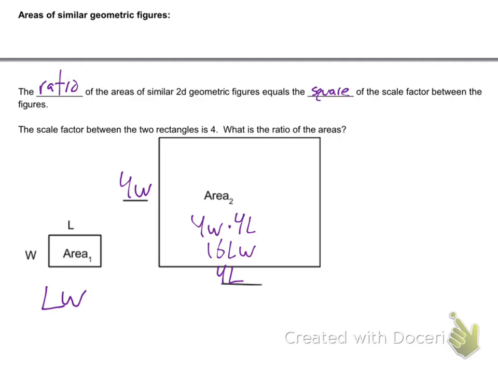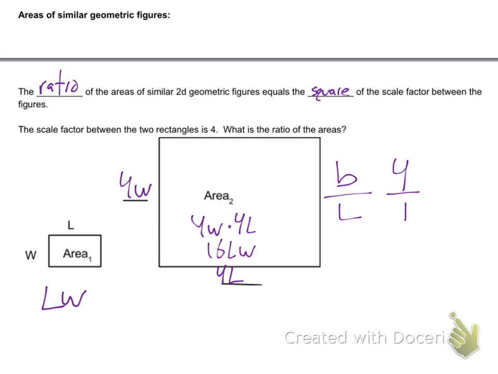Now, we said that the scale factor from the big one to the little one would be 4 to 1. That's what it means: the size of the larger one is a 4, and the size of the side of the smaller one is a 1. 4 to 1, 1 to 4. It matters which way you're looking from.